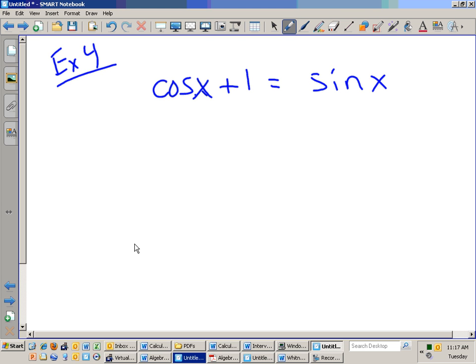Now I have cosine and sine, so I've got 2 different trig functions. I can't factor anything out. So you start to look for something to substitute in. It's a heck of a lot easier to substitute something in if there's a squared, right? Maybe we better square both sides.